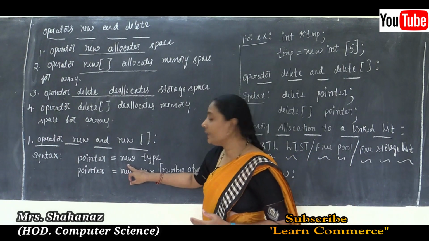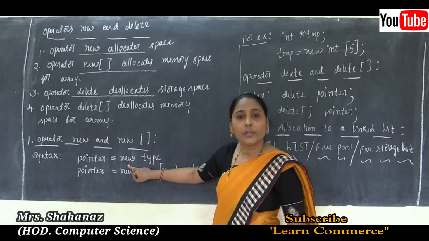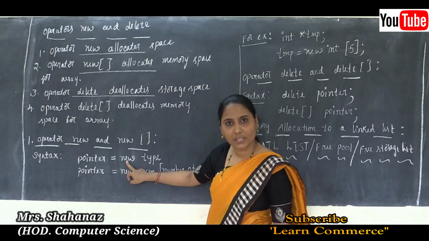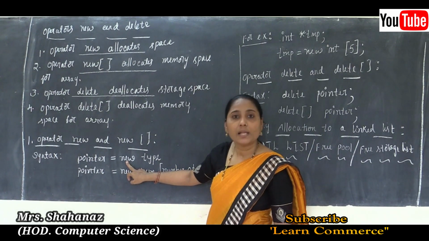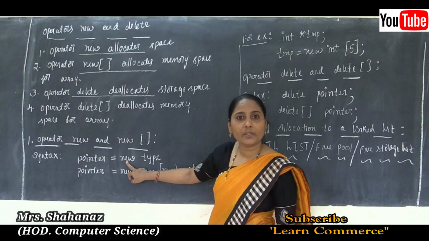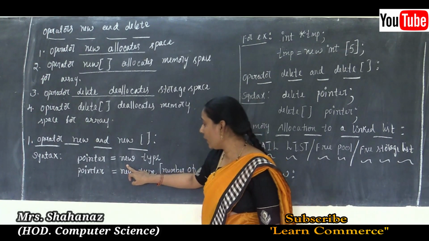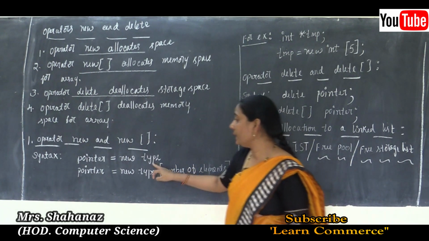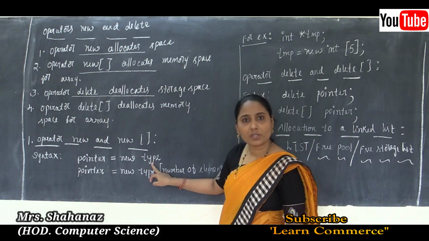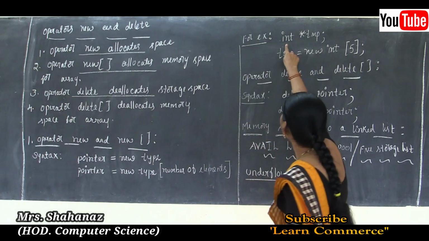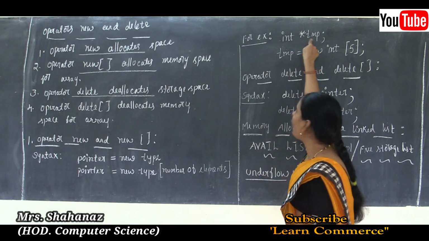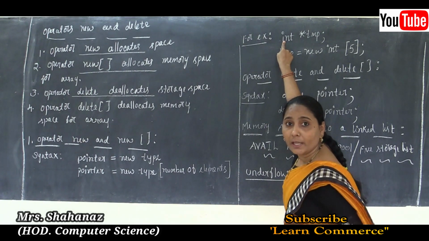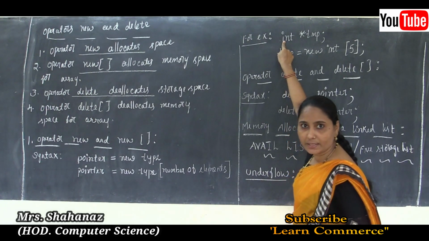So the dynamic memory is allocated using the operator new, followed by the data type specifier. For that I wrote int pointer TMP, followed by the data type specifier. The data type I used here is int.